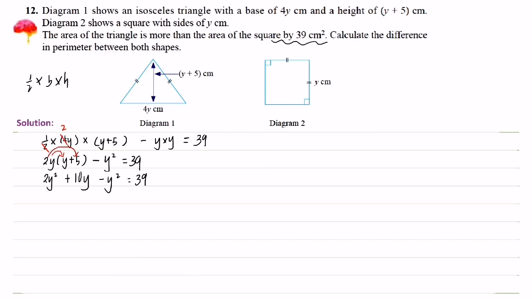Okay, now 2y squared minus y squared equals y squared. And 10y we just copy down, and move 39 to the left hand side, so positive will become negative.